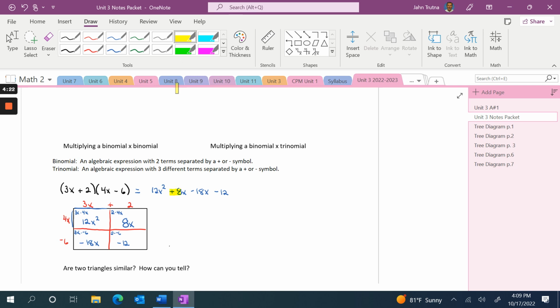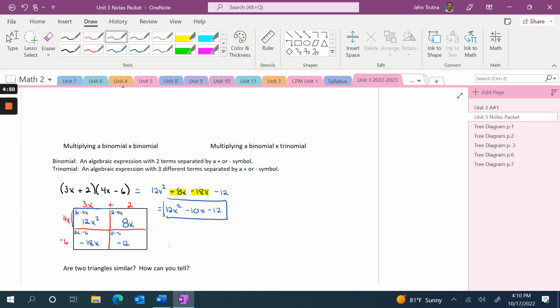But you hopefully can see that you could combine the positive 8x with the minus 18x. So this would give me 12x squared minus 10x minus 12. That is what the result of multiplying the expression 3x plus 2 with the expression 4x minus 6 is.